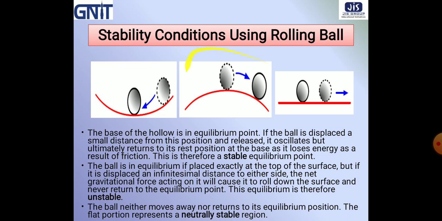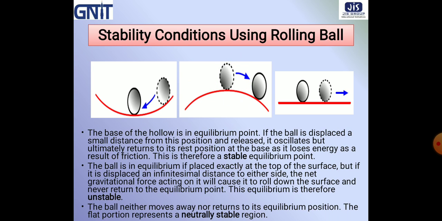Now if we consider this figure, the ball is in equilibrium if placed exactly at the top of the surface. But if you displace it a certain distance to either side, the net gravitational force acting on it will cause it to roll down from the surface, and it will never return to its original position, that is the top of the surface.